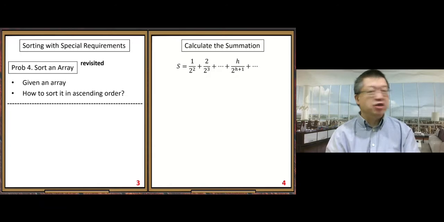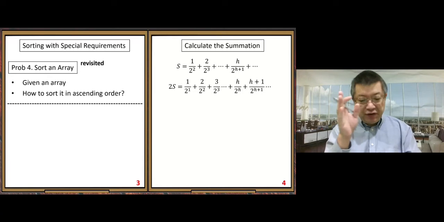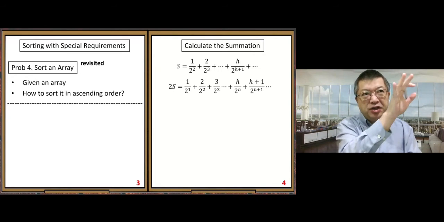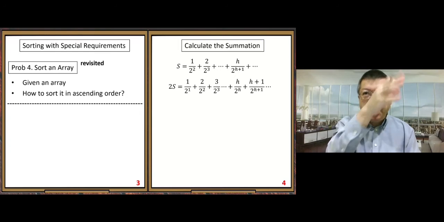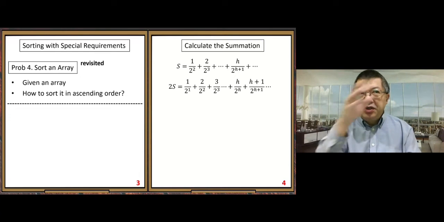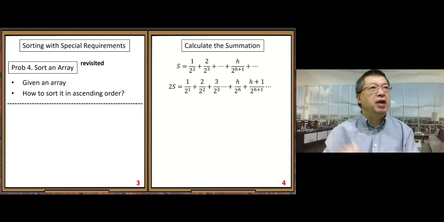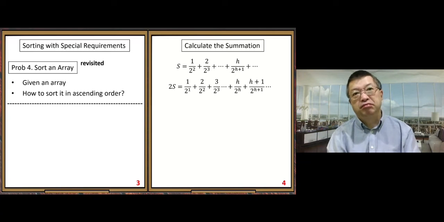Very simple. If you just multiply S by 2, then at each term you get cancellation, right? But after the cancellation, you still get power of 2 denominators.